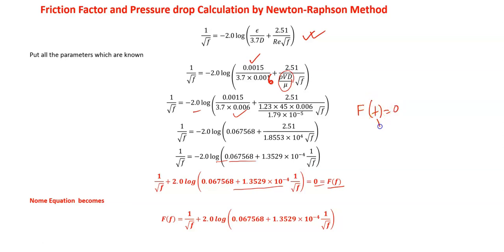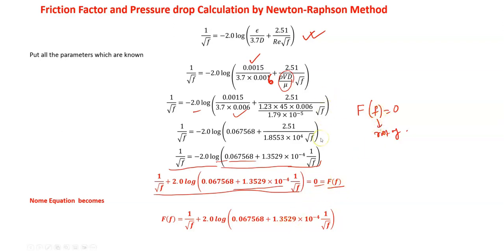If we get that f such that F(f) is equal to 0, that will be the root of the equation. Now this is a non-linear equation, so we have to solve it by using the Newton-Raphson method, and we will get f, the root of the equation.